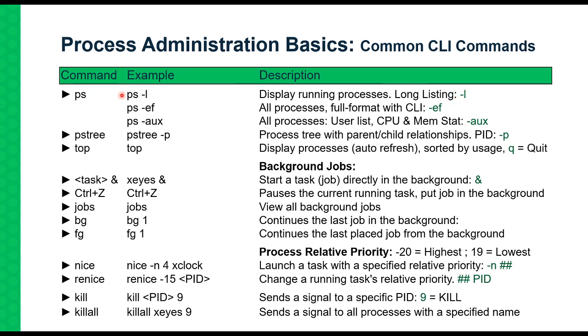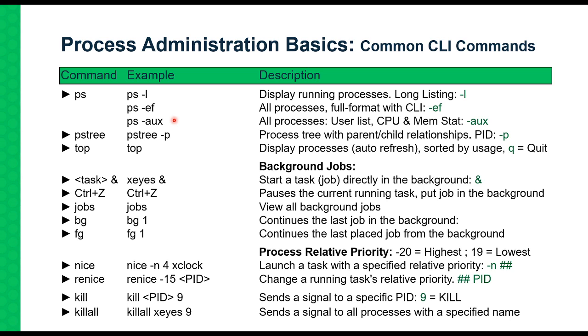Here's an example: ps space -l if we would like to see a long listing for running processes. If we want to see all processes running, we'll use the full format with the CLI for the -ef command. It will look like this: ps space -ef. Important to note that this first command will only show the running processes for that specific user.